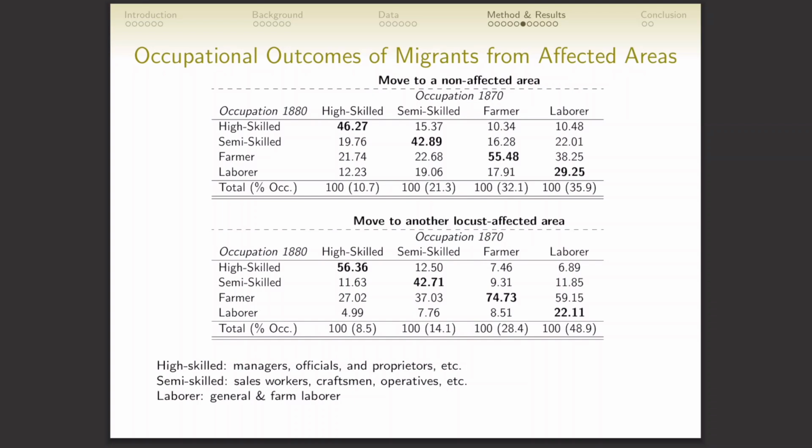If they move to non-affected areas, or to affected areas and other affected areas, because sometimes they move to other ones, you sometimes have persistence of similar size, sometimes a bit larger here. So there seem to be changes in occupation, and some of the narrative stories talk about how some people just abandoned their land and went and worked as a laborer in the city, but we can't do much of that.